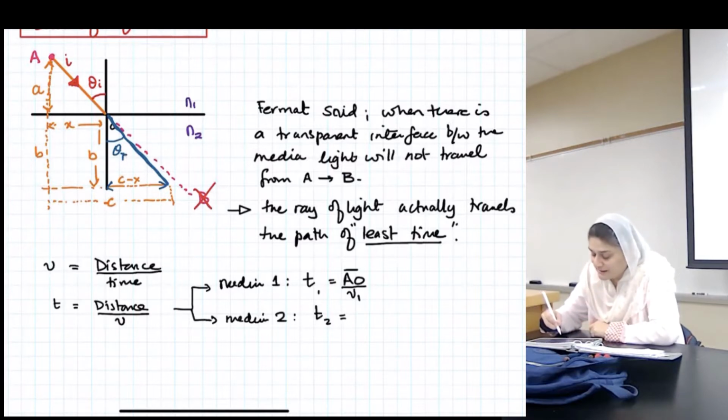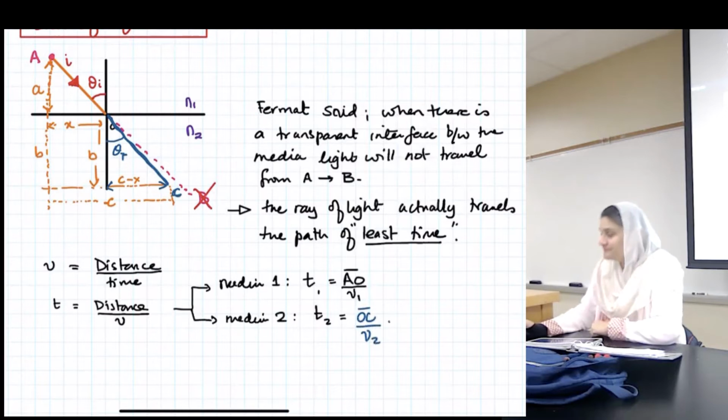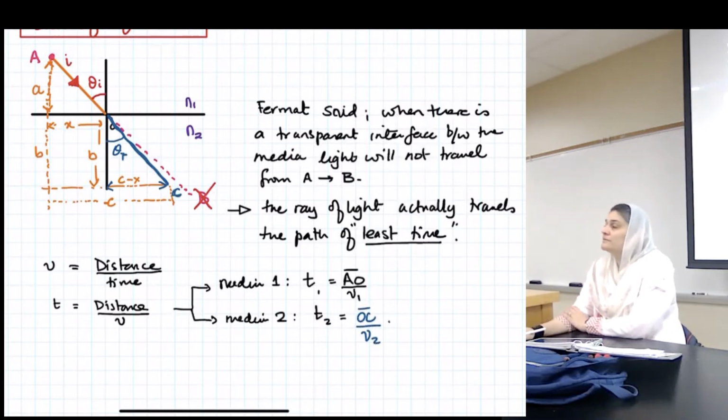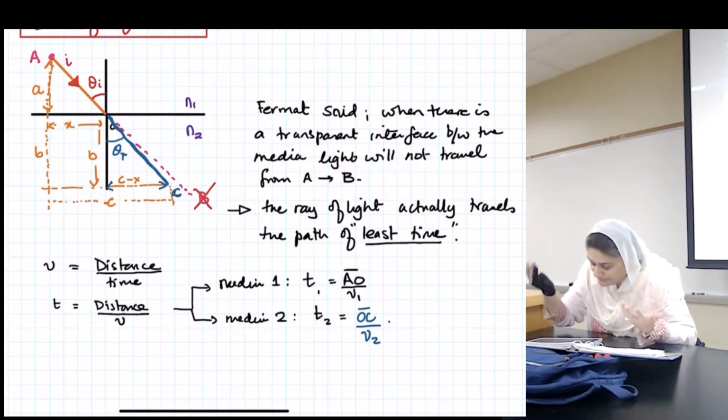So can I say, if I call this distance, I don't know, C, can I call this OC divided by V2? So the time in one medium and the time in the other medium will be different. Oh, you're right. I should come up with another one.